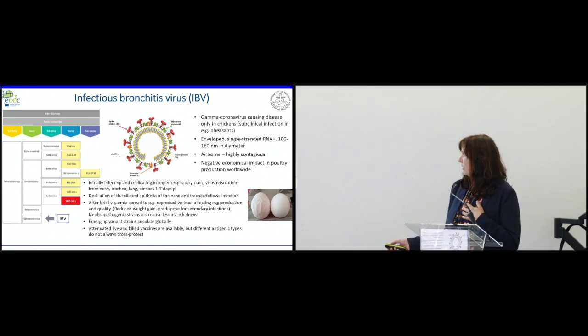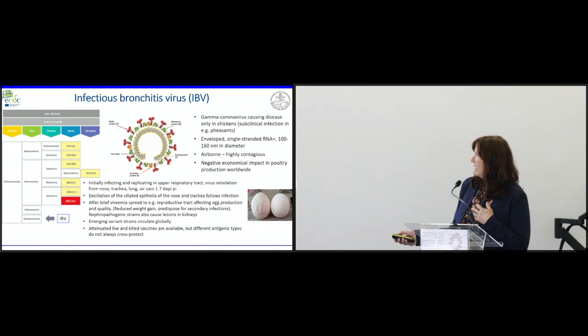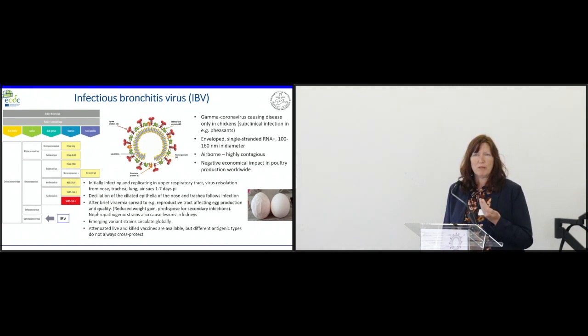We have commercially available live attenuated vaccines and also some inactivated vaccines. But the problem is that they confer protection towards the strain that is actually included in the vaccine.